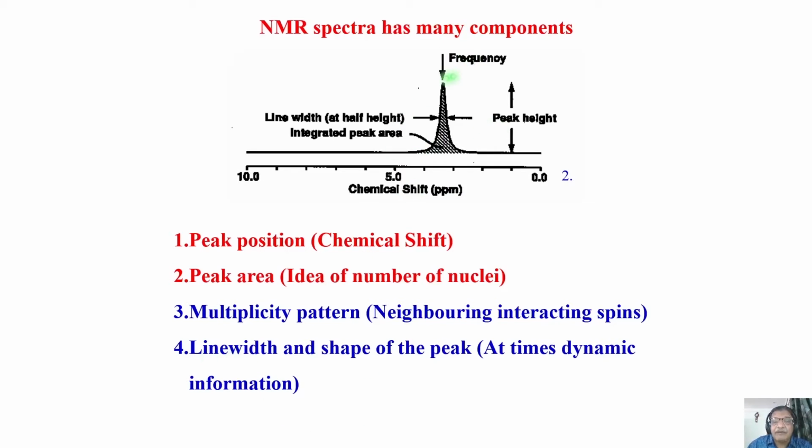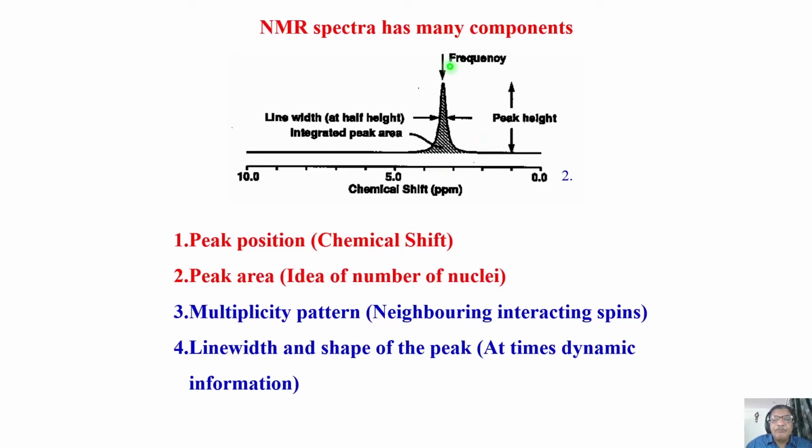Second, area of the peak. I told you, remember, area of the peak gives you the number of protons present in that relative to the other one. Okay, I have to have some reference, some peak. If I know the number of protons present in that, with respect to that relativity with the peak height, I can tell you the number of protons present in the other.